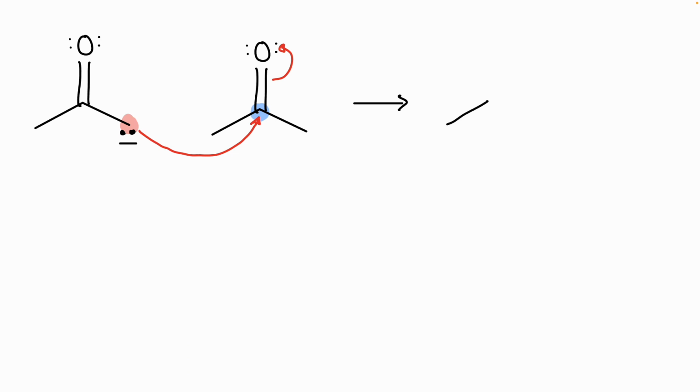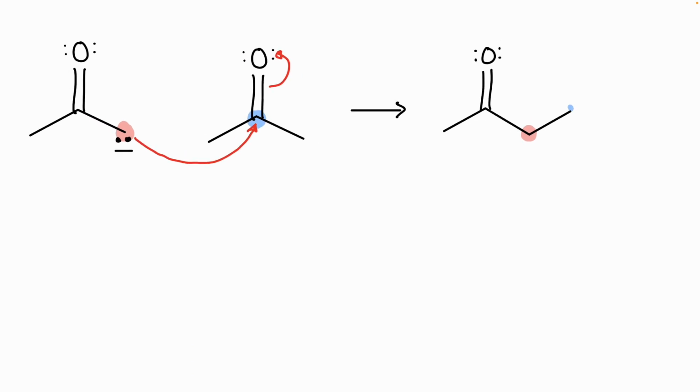All right, but importantly now we have this new bond that's formed between the alpha carbon of one ketone. So notice that my nucleophile retains its carbonyl bond. All right, so now here's my new bond. This must be my electrophilic carbonyl carbon here.